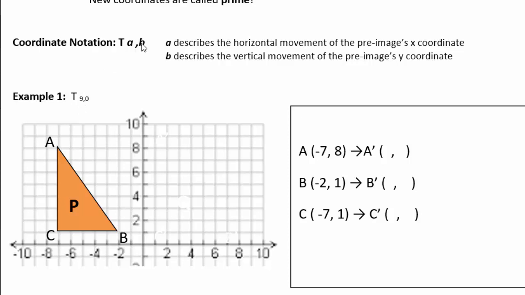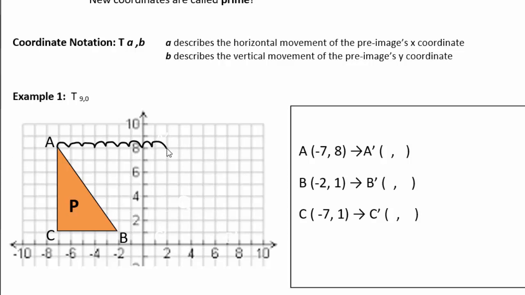So again, since the first number here, the A position, says 9, that's a horizontal movement, so point A of our triangle is going to move positive 9 spaces, so 9 spaces in the positive direction. So I'm going to go 1, 2, 3, 4, 5, 6, 7, 8, 9.